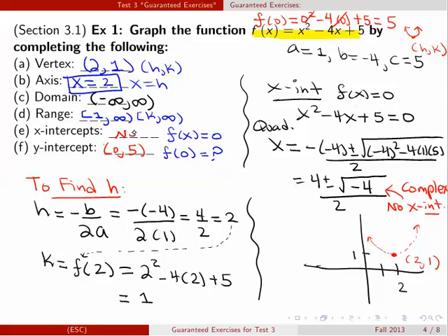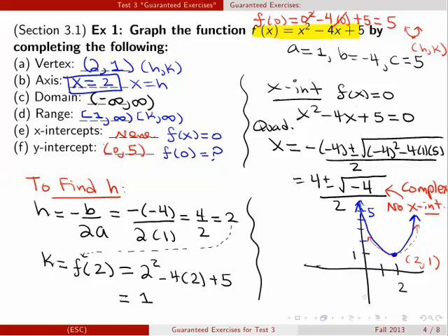So the parabola has this vertex, it passes through 5. So pretend this is 5 right here. So it passes through 5 like this, it goes up like this. Okay, it has this vertex. You can see the range goes as so you start at 1 and you go up to infinity. Okay, the domain is defined everywhere, and so you have graphed this problem.